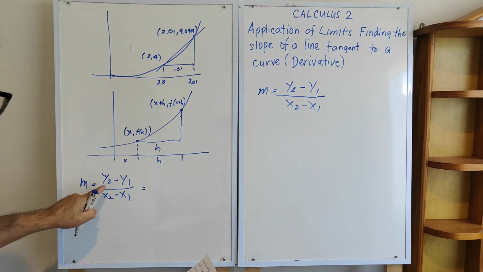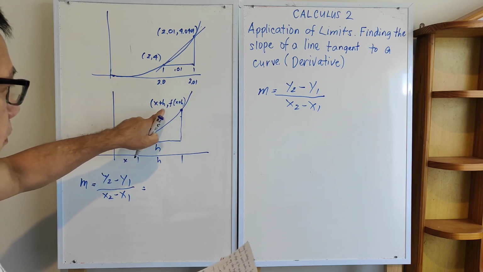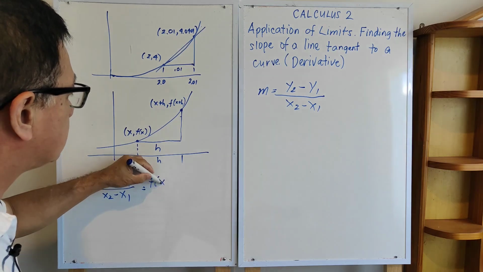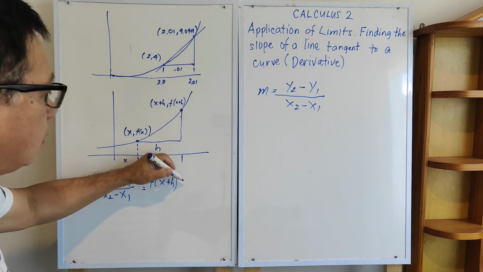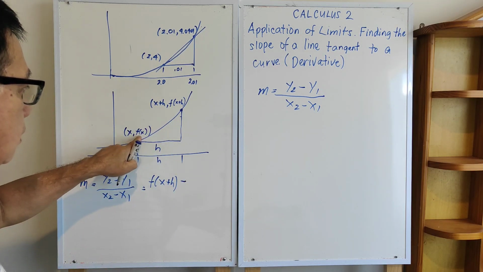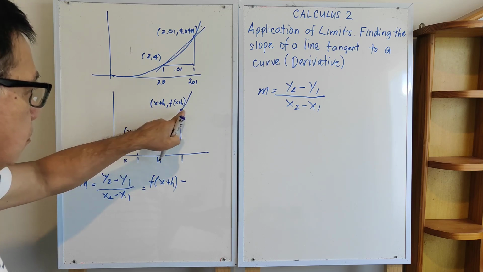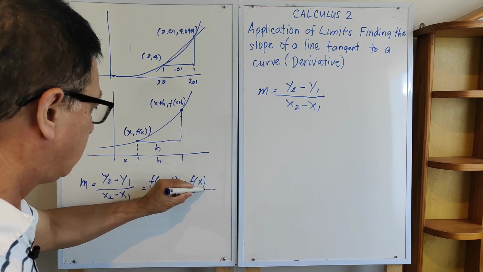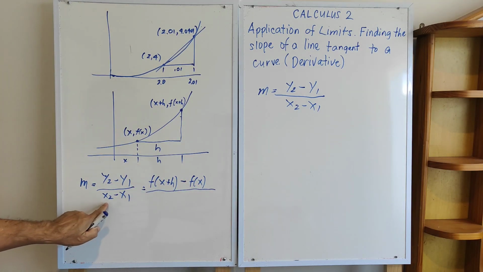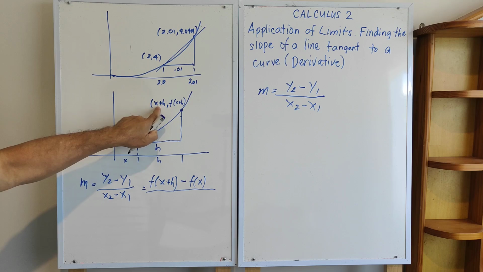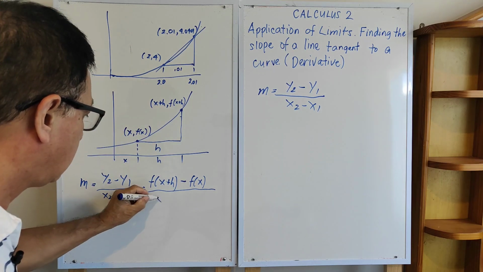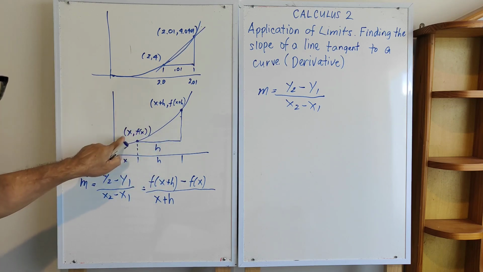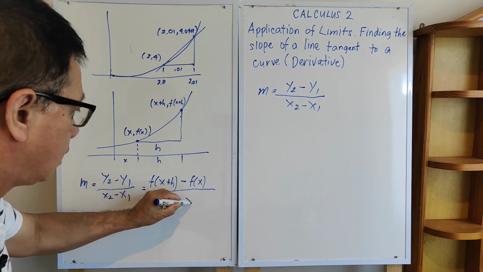Your y2 is the function of x plus h, minus the function of x, which is y1. Your x2 will be this one, x plus h, minus this one, which is x.